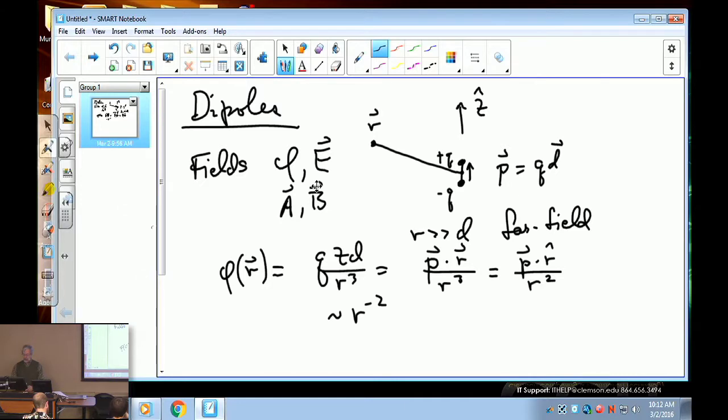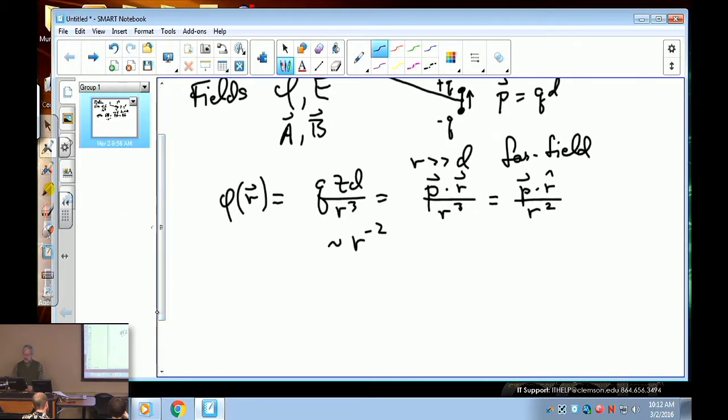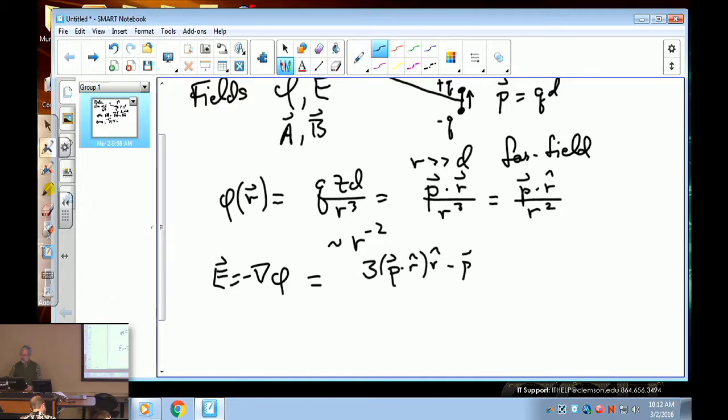Then from phi you can find the gradient. The negative gradient gives the electric field. In Cartesian form you can write it out, but this next step shows that you can write it in a very compact form, which involves p again: 3 times p dot r hat r hat minus p, over r cubed.